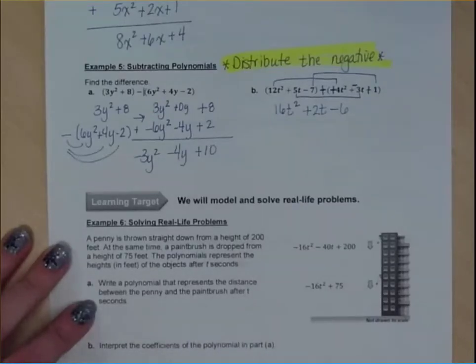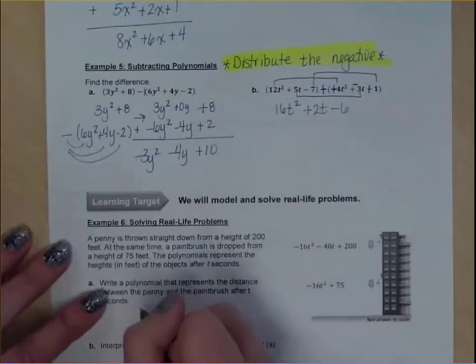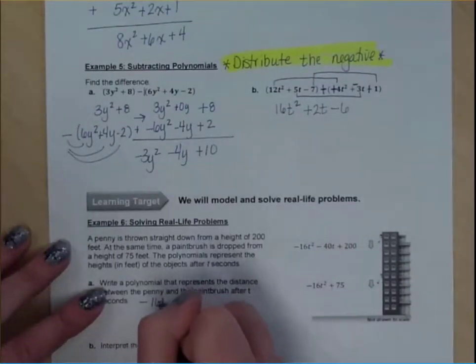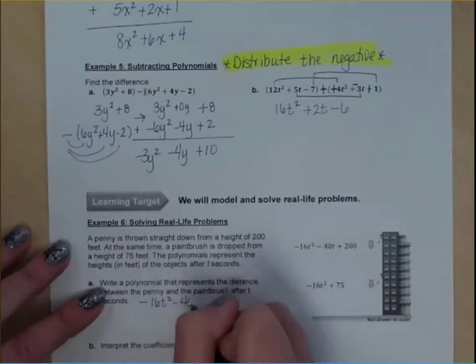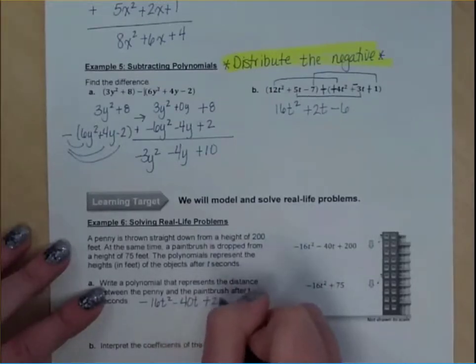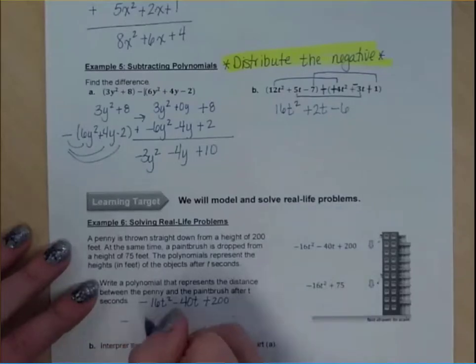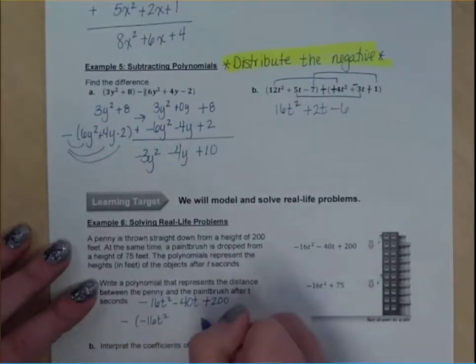So in order to do this, we need to subtract these two polynomials. So we have negative 16t squared minus 40t plus 200 minus negative 16t squared plus 75.